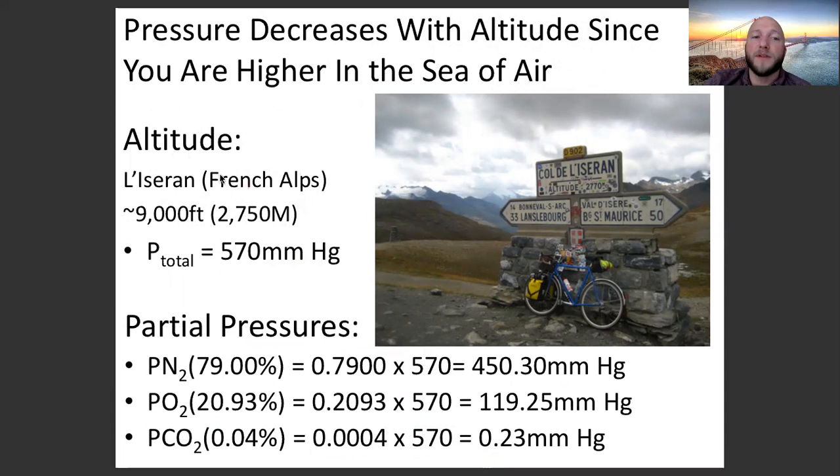So this mountain in the French Alps, Le Siran, I'm probably saying that wrong, is 9,000 feet in elevation. To give you an idea of how tall that is, Mount Diablo is 3,800. So it's more than two Mount Diablos stacked on top of each other. The total pressure at the top of this mountain is 576.